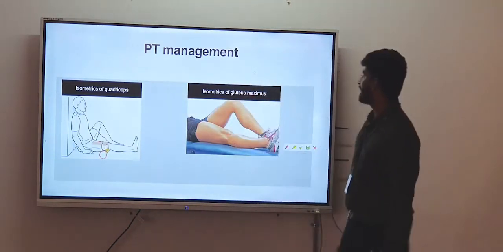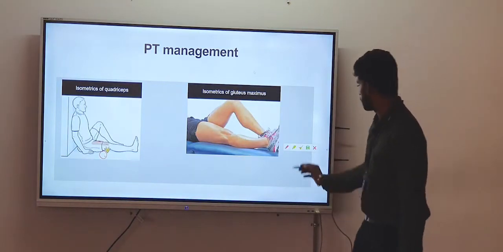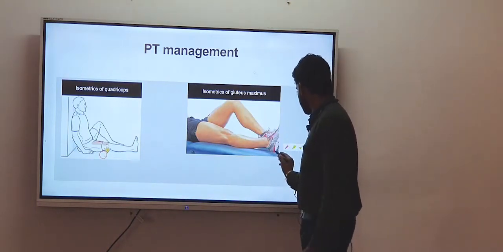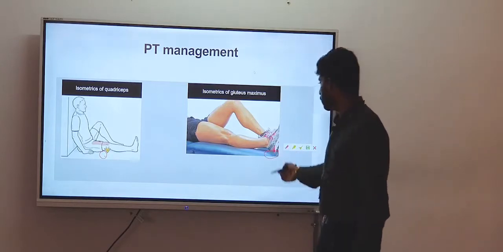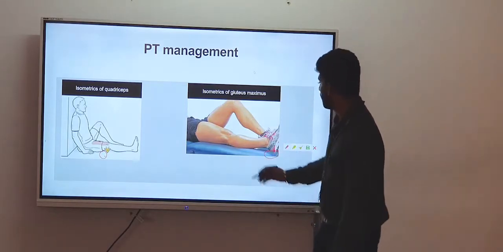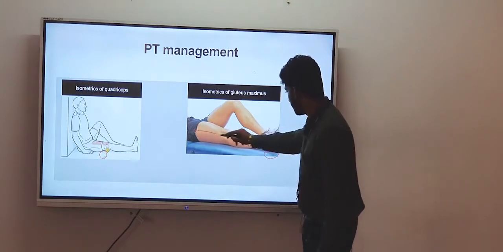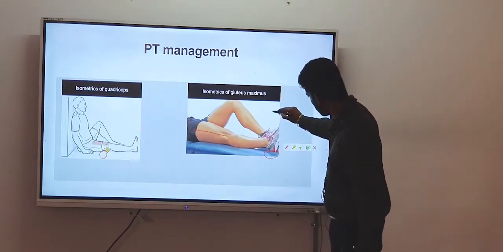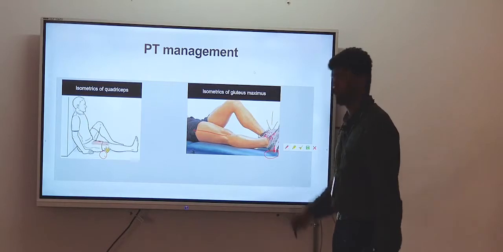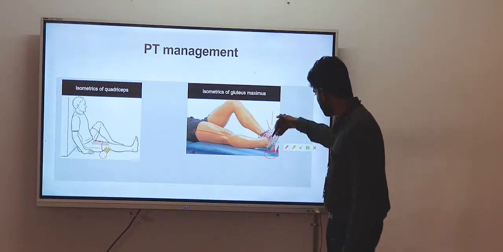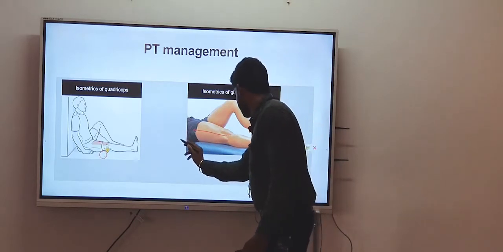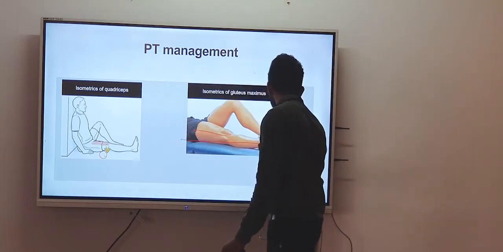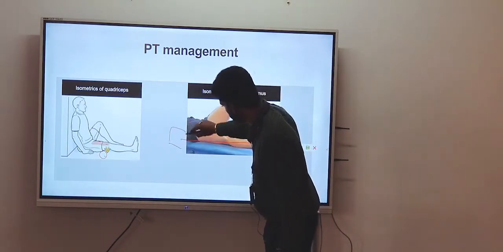So here comes the isometrics of gluteus maximus. For this, you can keep a bedsheet or towel underneath his heels and make sure the knee is straight. Then ask the client to press the heel down. Consider this as the area where the hip is.